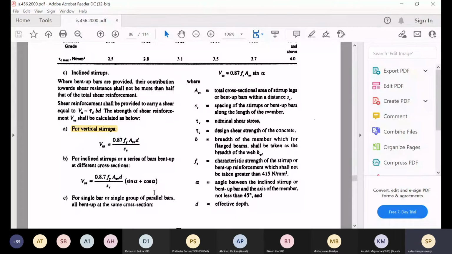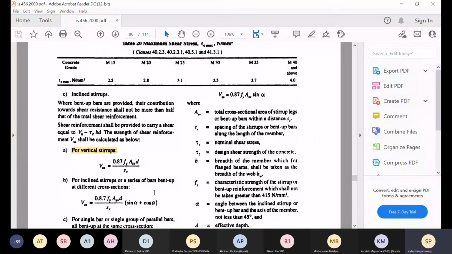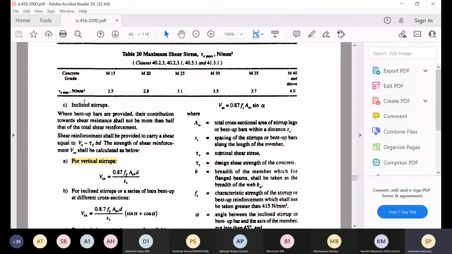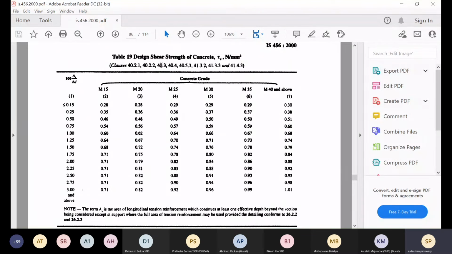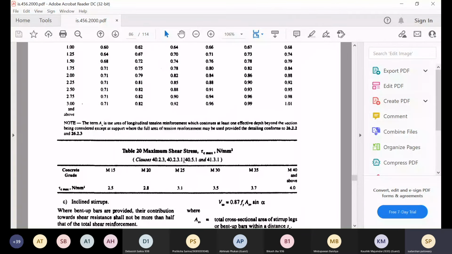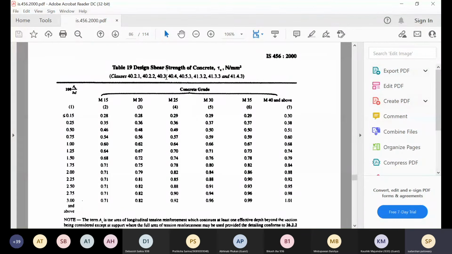I'll show you. This is your tau c max in Table 20, and Table 19 is your design shear stress. That's why this term is design shear stress: above this value you have to design the beam for shear.